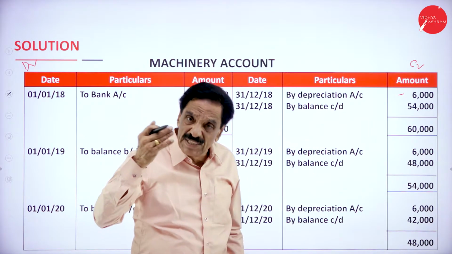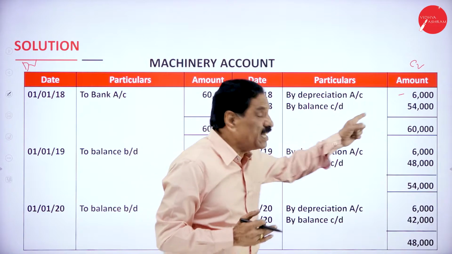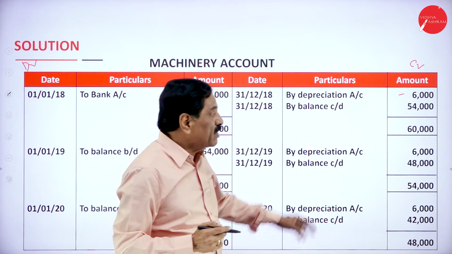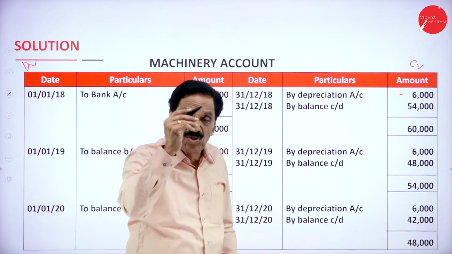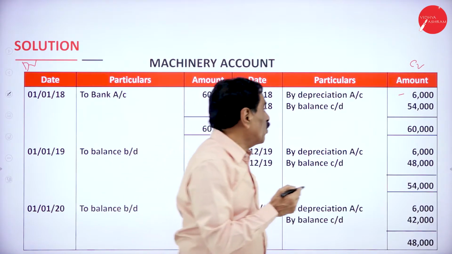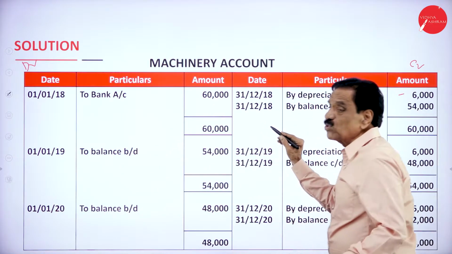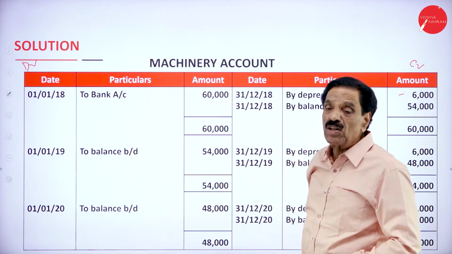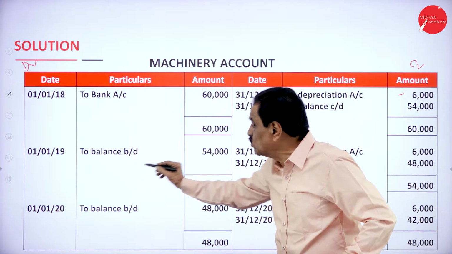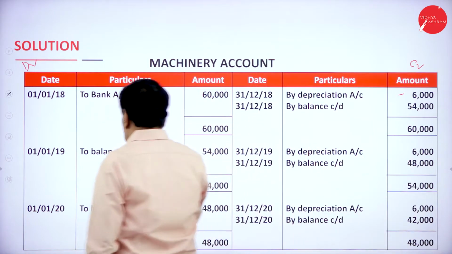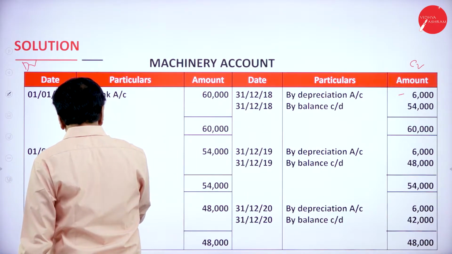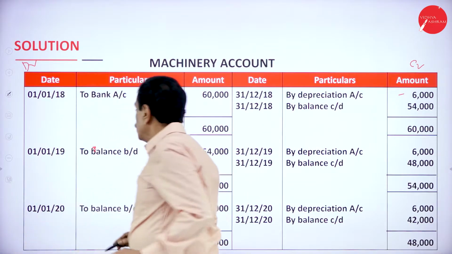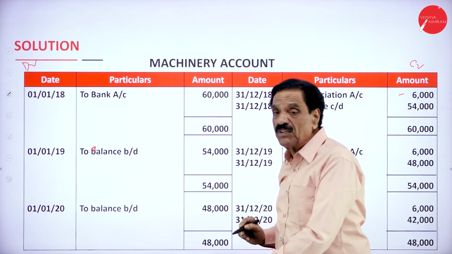You started with 60,000. How much depreciation is charged? 6,000. What is the balance left over? 54,000 at the end of the year. This is the closing balance for which year? 2018. It becomes the opening balance for the next year, 1/1/2019: to balance brought down, 54,000.